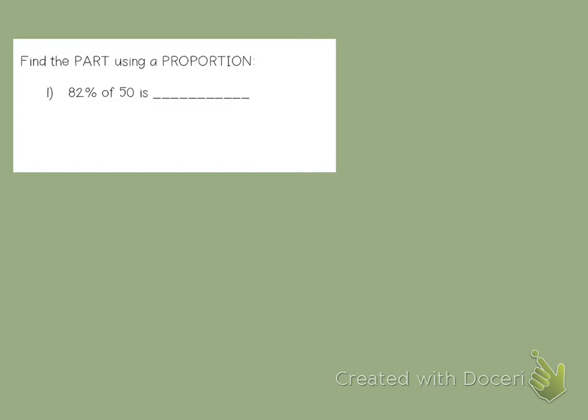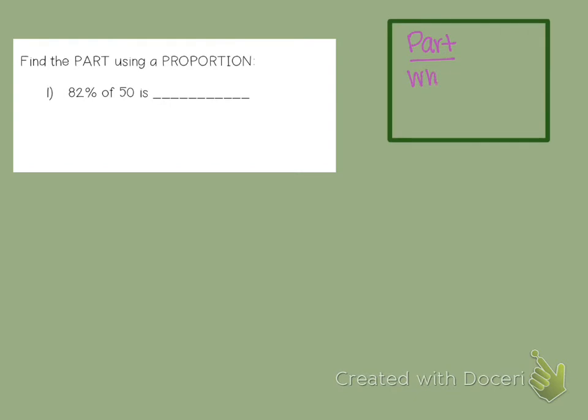So first I'm going to write the two proportions that we use. They're the same proportion, we just have two different ways of saying it. So whichever way makes sense to you. We have part over whole equals percent over 100.